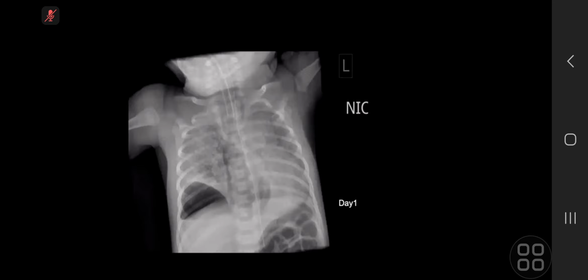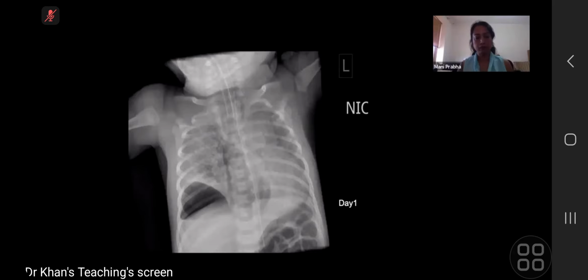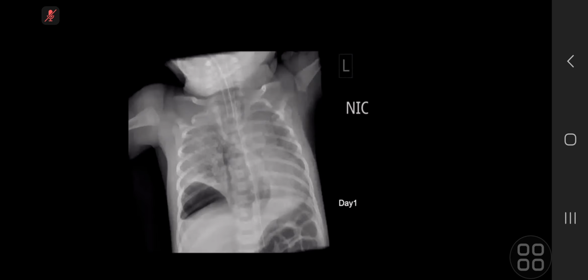There are quite dense lungs bilaterally with a well-defined area of lucency in the right lower zone. I can't see the heart shadow very well due to the increased opacification in the lungs. And I'm told this is a day one child.